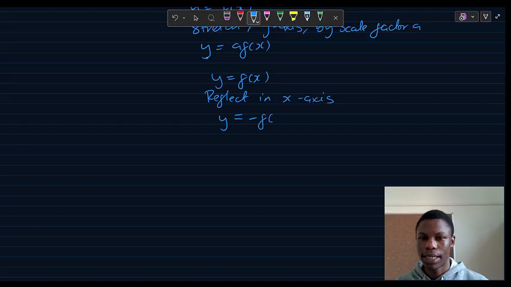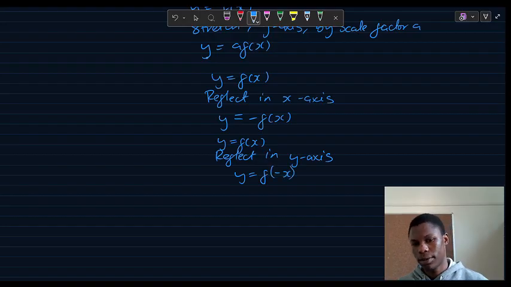So y equals negative f of x. And then if you reflect in the y-axis, it makes your x values negative. So it will be y is equal to f of negative x.